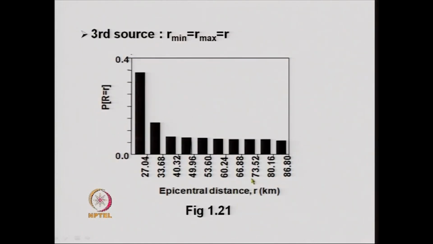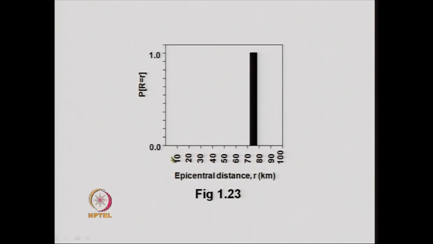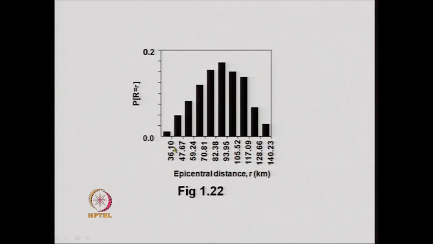for the middle of the interval. So here say the epicentral distance 47.67 has a probability of occurrence nearly 0.02.